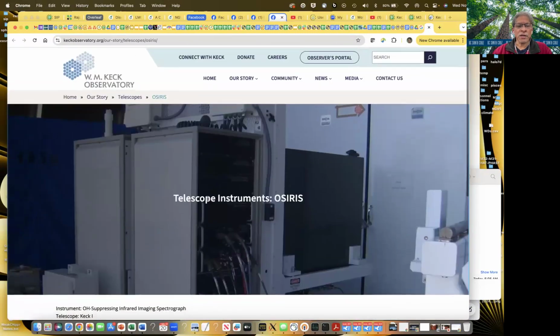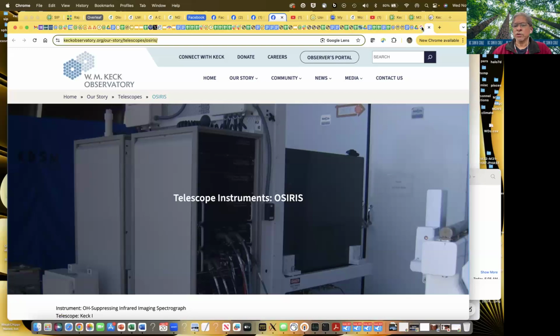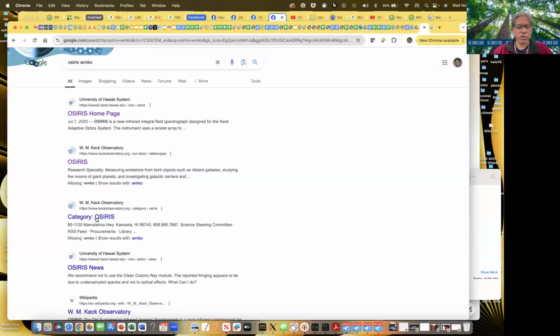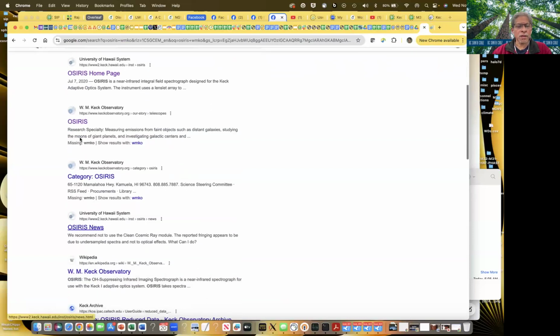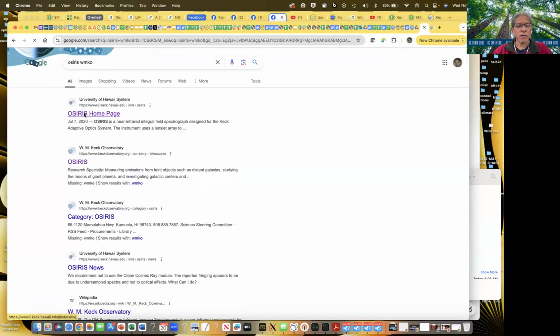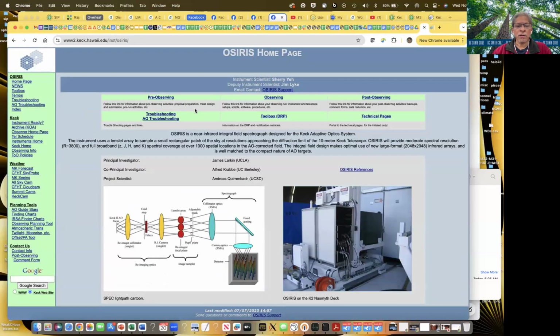Let me see. I'm not seeing too many details here, so I'm going to try a slightly different page. I'm going to go to my own Google search. I want to see what kind of detector. Technical pages, that's what I was looking for.